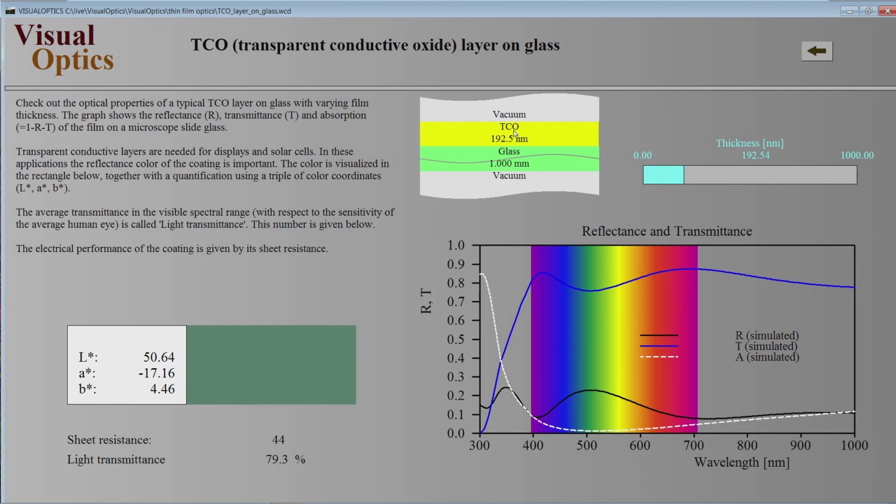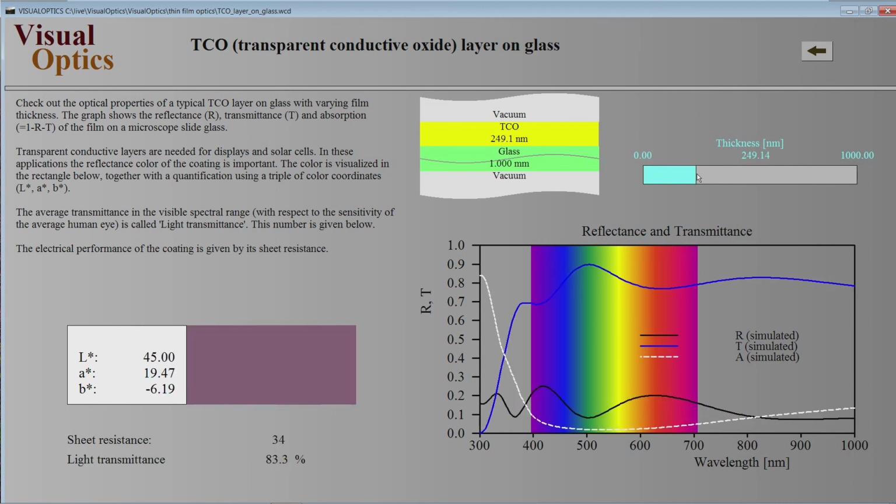Actually, the thickness that you need for a certain application, like using the TCO in a display or in a solar cell, depends on the doping and on the conductivity that you need, or on the sheet resistance that you want to have. So if you need a certain conductivity, you have to produce the TCO in a certain thickness.